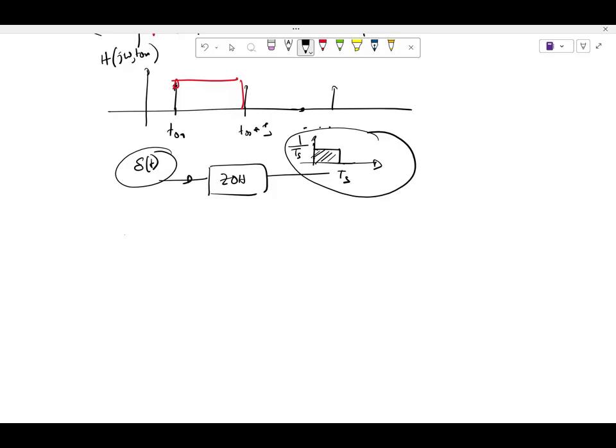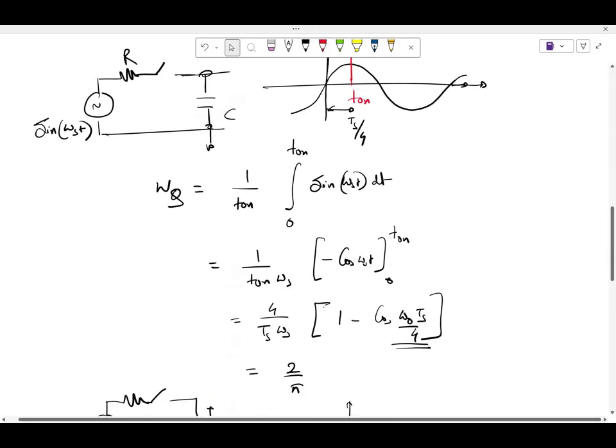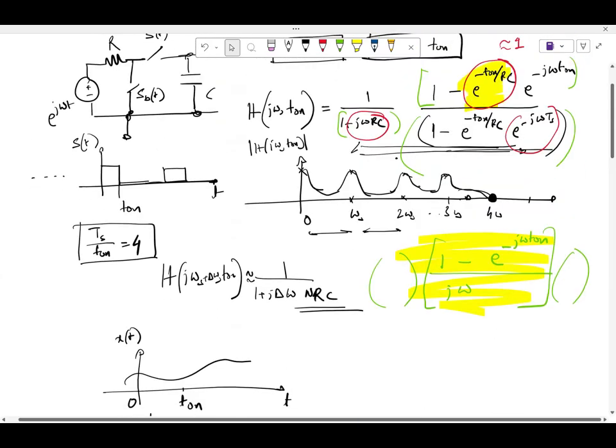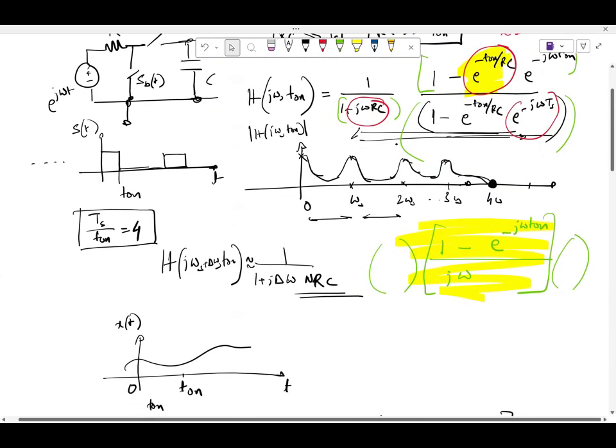We are not getting the continuous responses. So this plot is a plot of the sampled response at T on, not across all t.